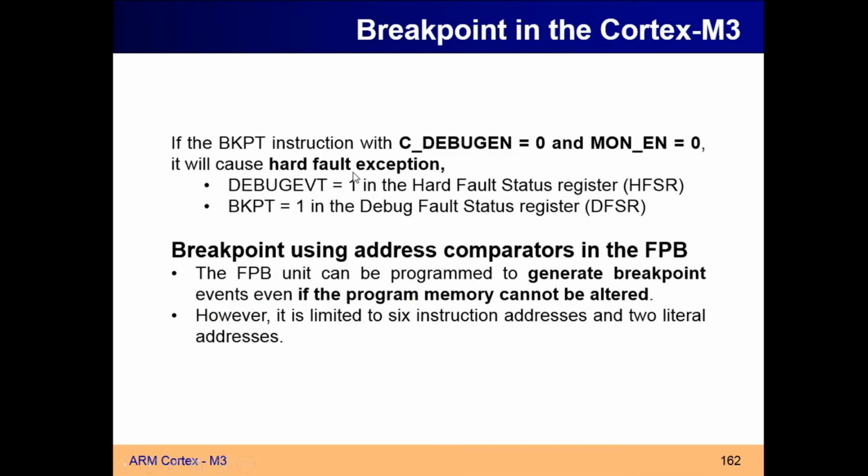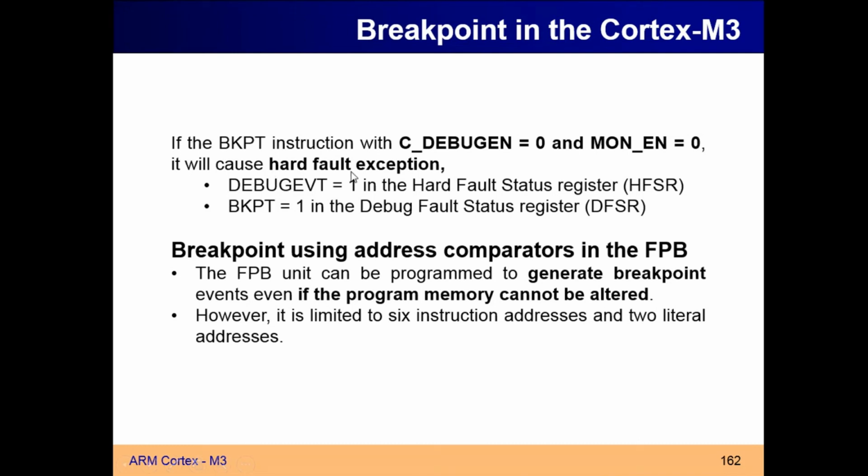And for identifying that the hard fault exception has occurred due to a breakpoint, two bits will also be set. One is the debug event bit, present in the hard fault status register, and another one is the BKPT bit, present in the debug fault status register. These two bits will be set, because otherwise you will not be able to identify what type of event has generated the hard fault.